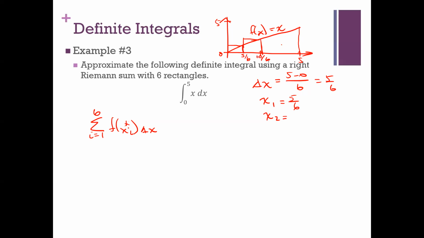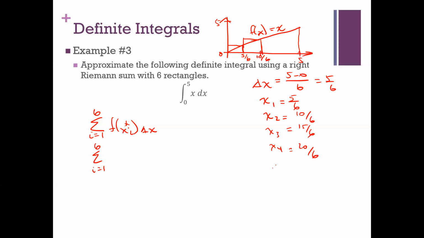In fact, I'm sure I wasn't, but I'm looking for the actual x values, right? So 5/6, and hopefully it becomes clear later why I'm doing this, 10/6, 15/6, 20/6, and so on. So can I generalize this?